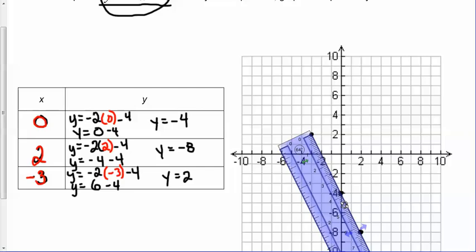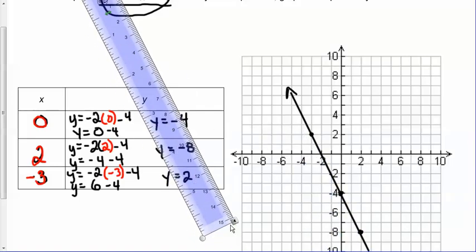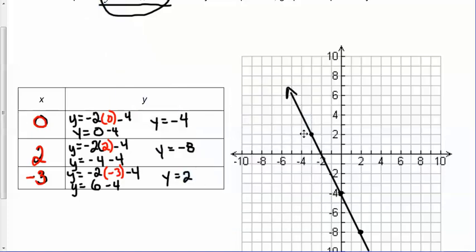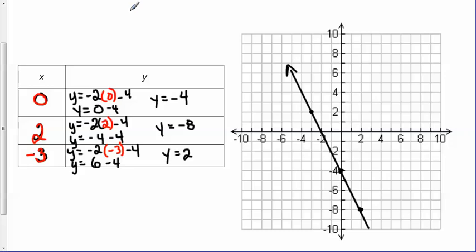So I'm going to line up my straight edge and all of those points line up just exactly right. And so I'm going to grab my pen and draw my line. And I'm going to put arrows in both directions because this is going to continue past where my points are. Let me just get rid of my straight edge now that we're done with that. And so let's get our arrows on our graph here.